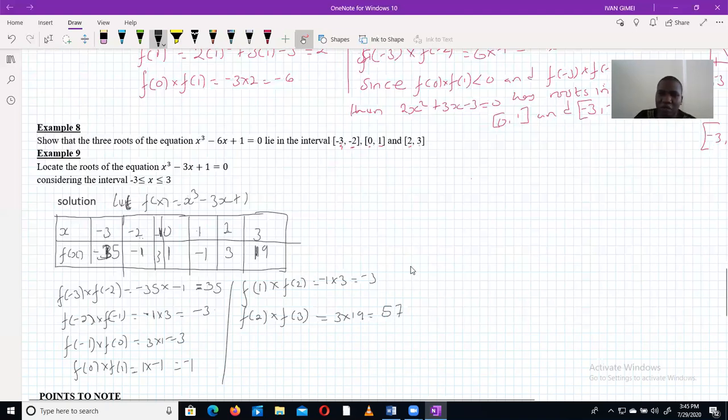So here we observe which ones have given me values less than 0 and which ones have given me values above 0. This has given me greater. This has given me, yes, there's one here, there's another one here, there's another one here.